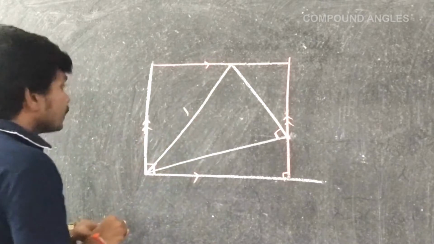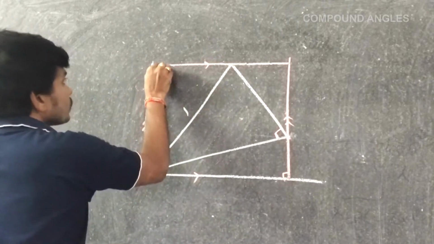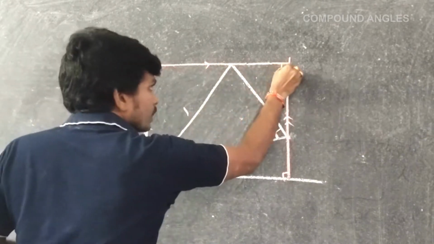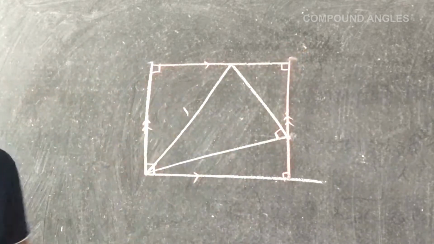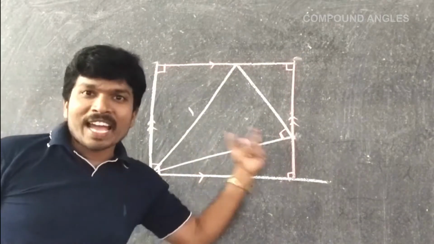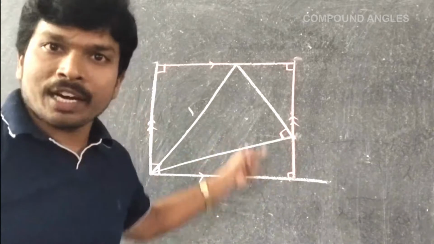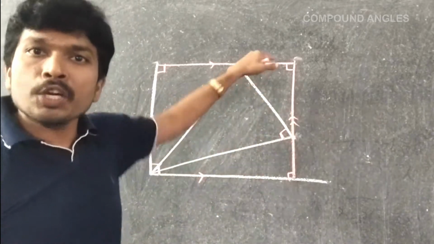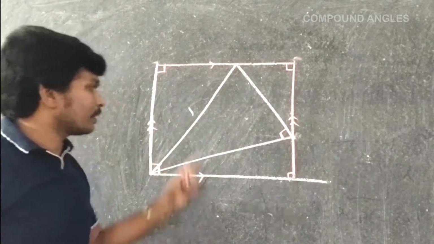So that side definitely this is 90 and this is 90. So we got one rectangle, and one right angle triangle inscribed in this rectangle whose hypotenuse is 1.